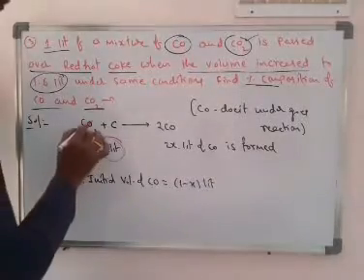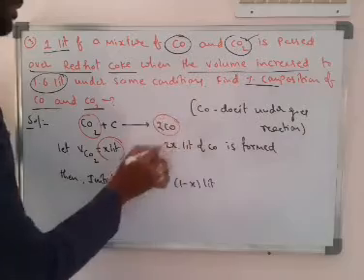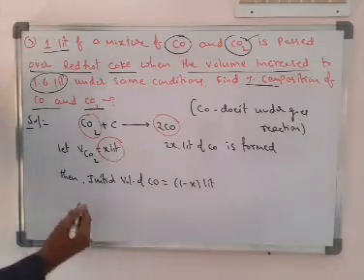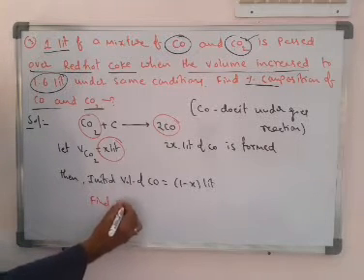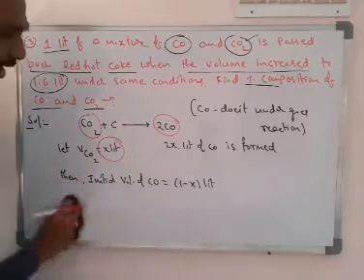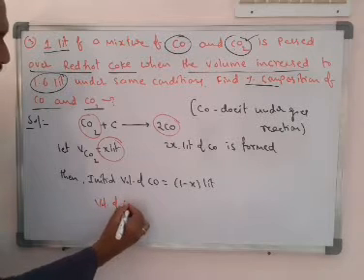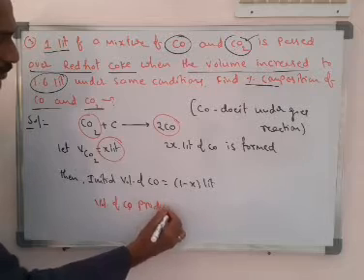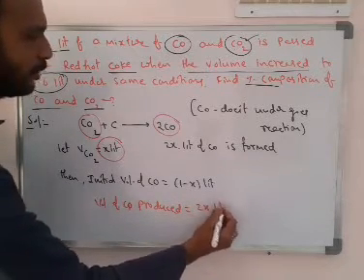Next, when these X liters of carbon dioxide react, how much carbon monoxide is formed? 2x liters of carbon monoxide. So we can't say it's a final volume yet. The volume of carbon monoxide produced is equal to 2x liters.